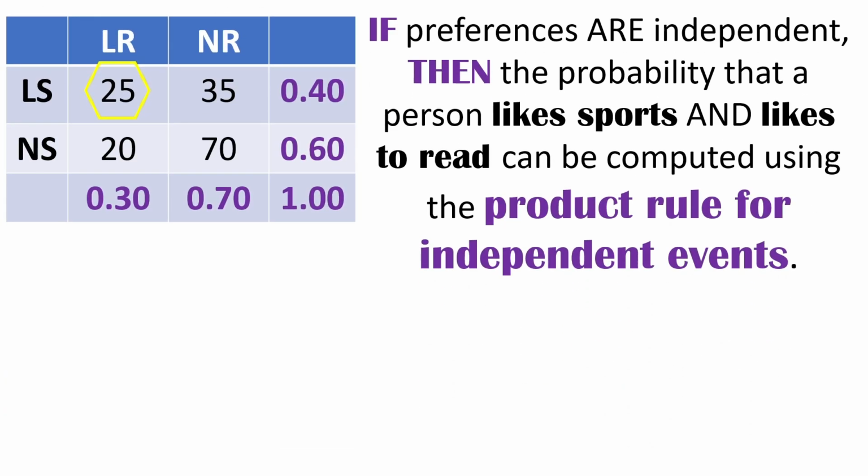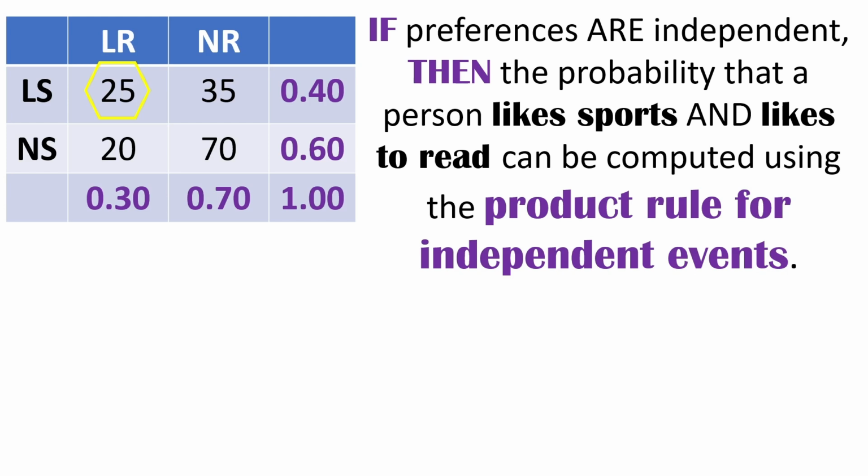Now, here's the cool part. If we want to calculate an expected value, so for example, if we're looking at the first contingency where we observed 25 out of 150 students were in that first contingency, if we want to calculate the expected value, assuming that all is true, we just need to remember the product rule for independent events.